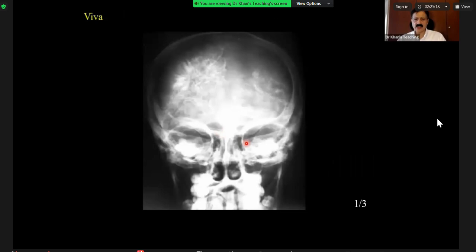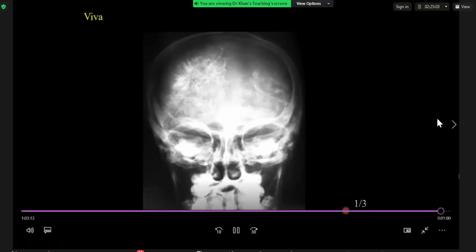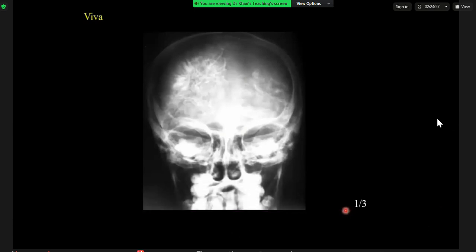If you see here, how will you describe this finding, please? Over to candidate 2. These are quite serpiginous, hyperdense shadows projected over the whole skull, just like blood vessels, like you get in hemangioma. And also these are very calcified as well.